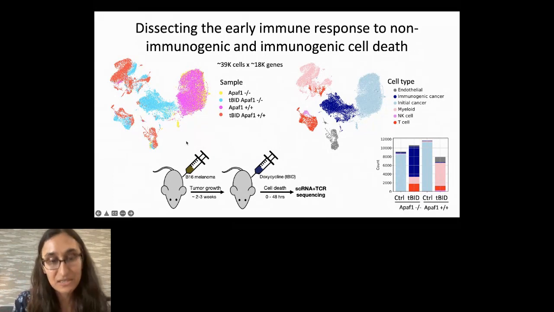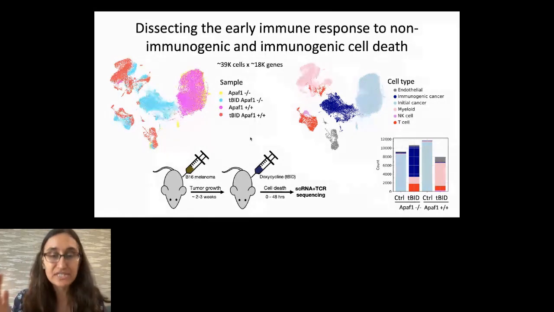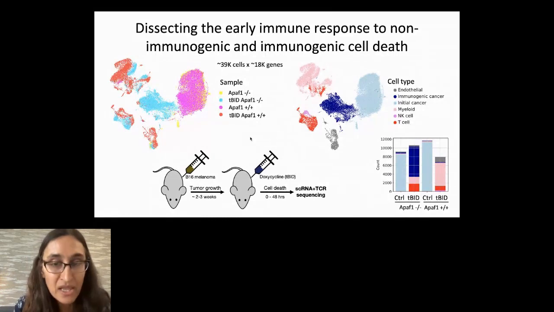Okay, so you inject these engineered B16 melanoma cells, wait for tumors to grow. Then you give doxycycline, so you're initiating apoptosis or MIMPtosis, and at time 0 or time 48 hours, let's see what happens.